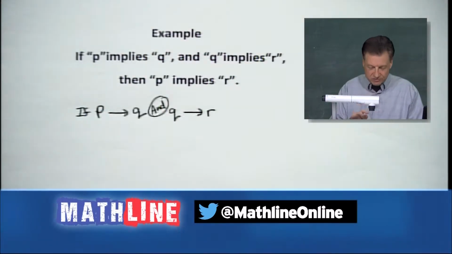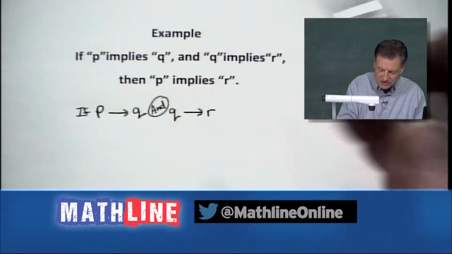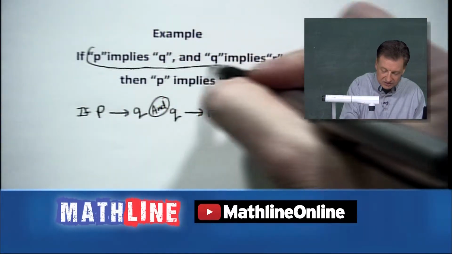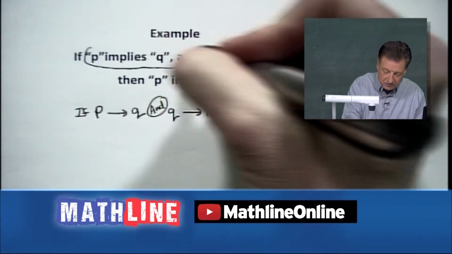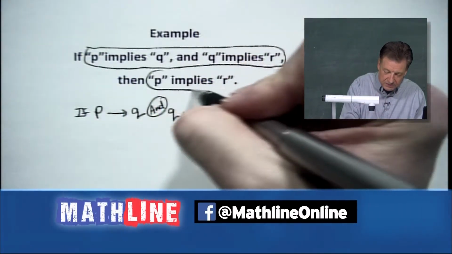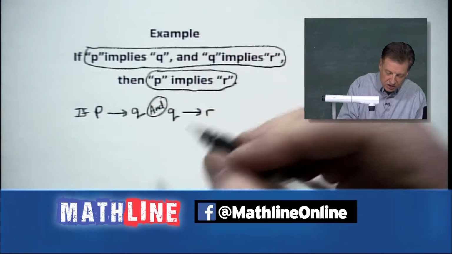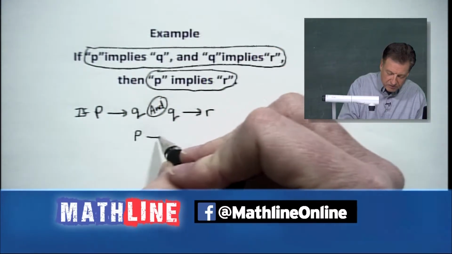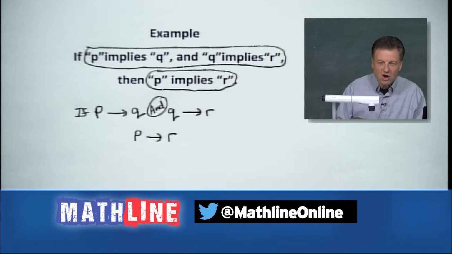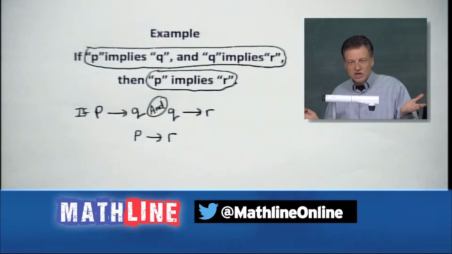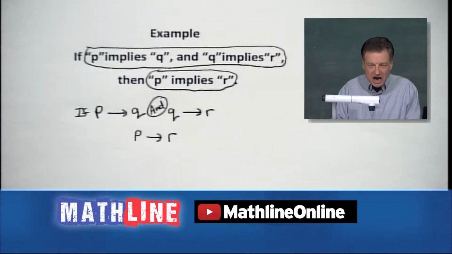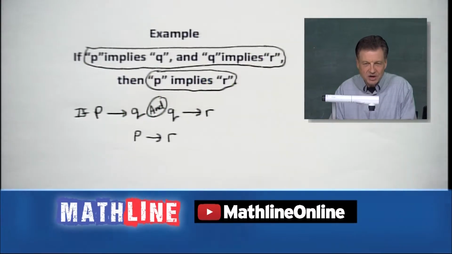What's our conclusion? That's the then part. Remember, hypothesis, two of them actually, and then we pull them together and come to a great conclusion. That means we can go from there to P implying R. And that is, again, a chain of logic using our structure of syllogism, all right?